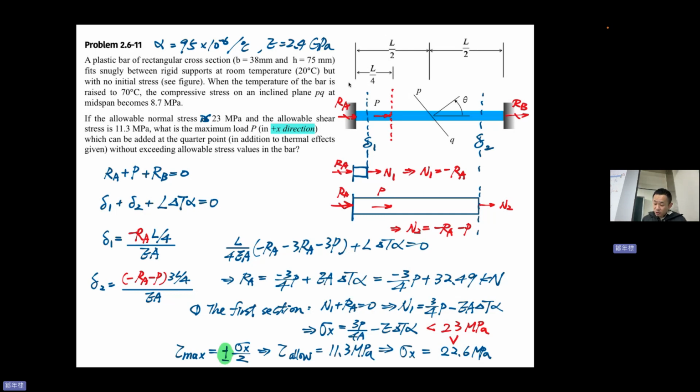Maybe I don't have time for the next one because we only have 2 minutes. But you can notice that the sigma x can be positive or negative. Okay, because this is positive and negative, right? Positive, negative, positive, negative. So you can start from this point to determine sigma x.